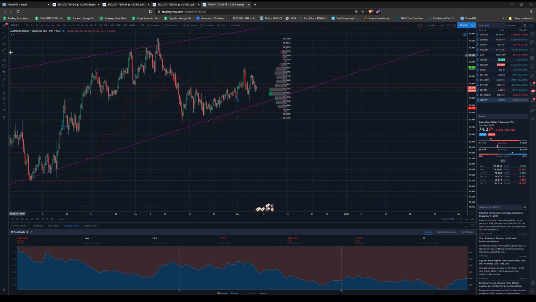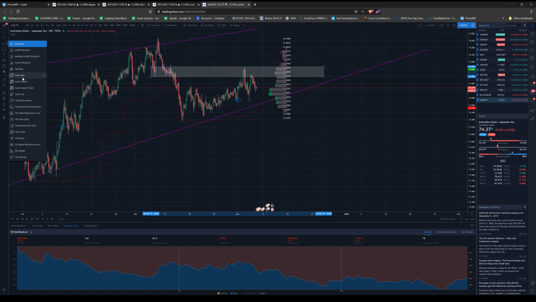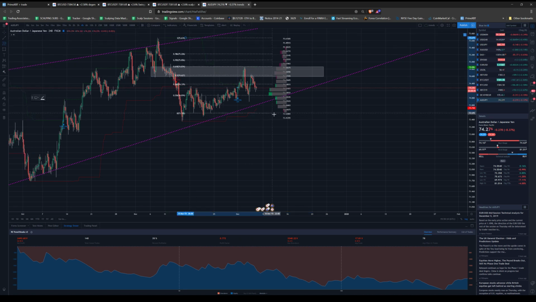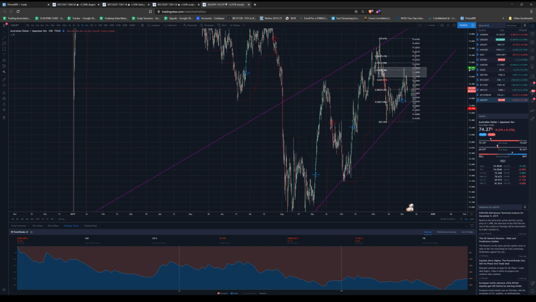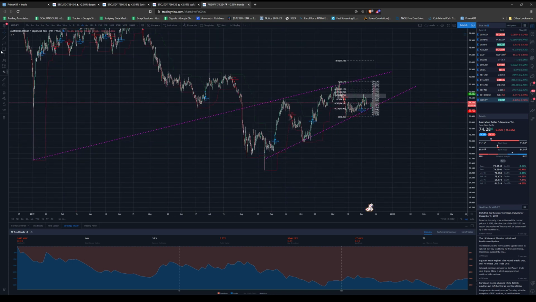Yeah, I mean, look, this is like the 0.5. No, that had to wick the 618. Yeah, 618 was wicked, and then down it goes. It's gonna break this flag. This will definitely just dive.